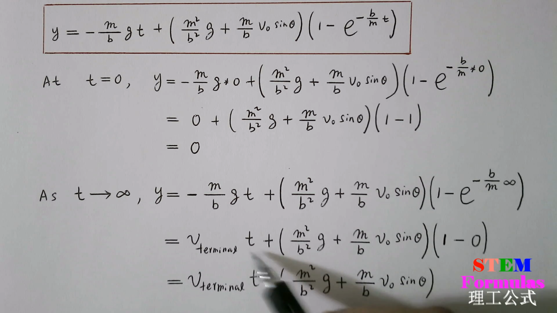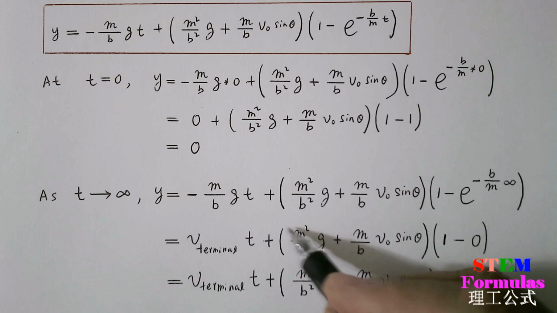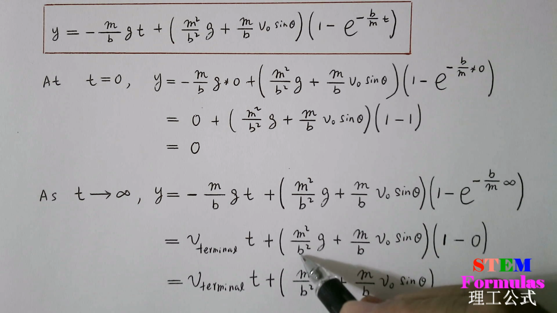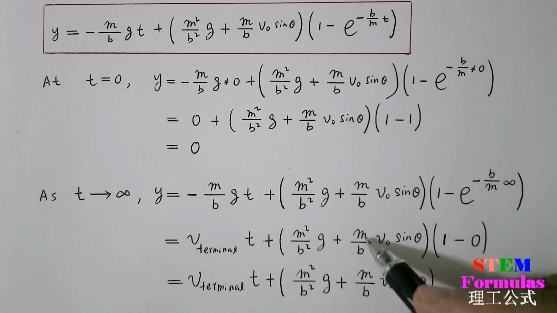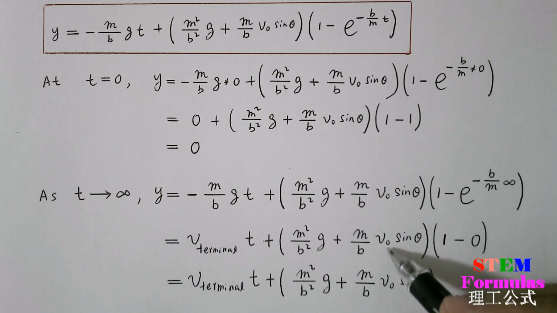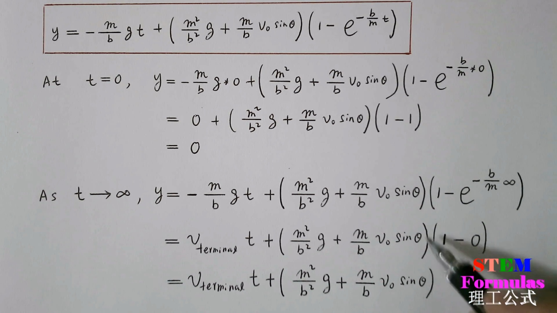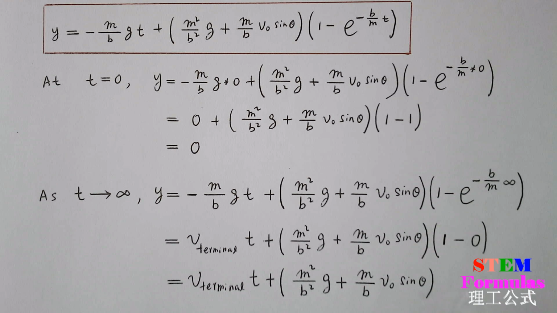Terminal speed times t plus m squared divided by b squared times g plus m divided by b times v0 times sine theta, and this term equals 1.